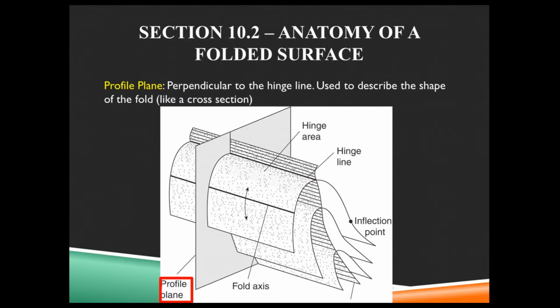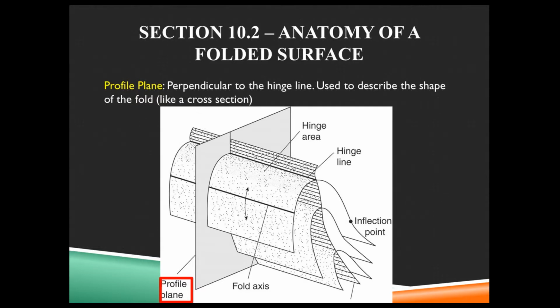A profile plane, on the other hand, can always exist. You don't have to worry about anything in the real world being straight, because it's your cross section where you chopped across the fold, pretend or for real. Maybe there was a road cut, maybe you're just imagining to do your drawing, but it has to be perpendicular to the fold at that point. So if your fold is curving, that profile plane is still perpendicular right where it's drawn.